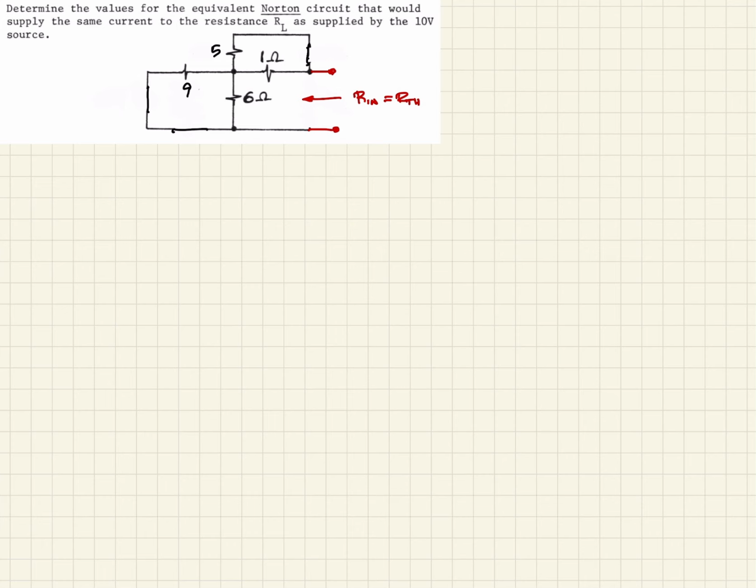So now, by inspection again, we should be able to see that we have this 9 and 6 are in parallel, and likewise this 5 and 1 are in parallel, and then those two are in series.